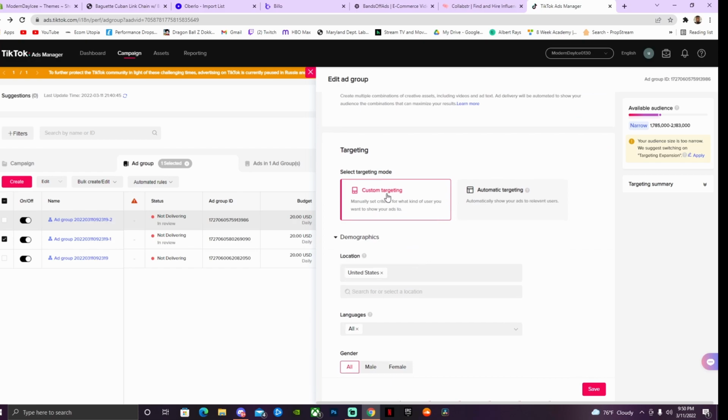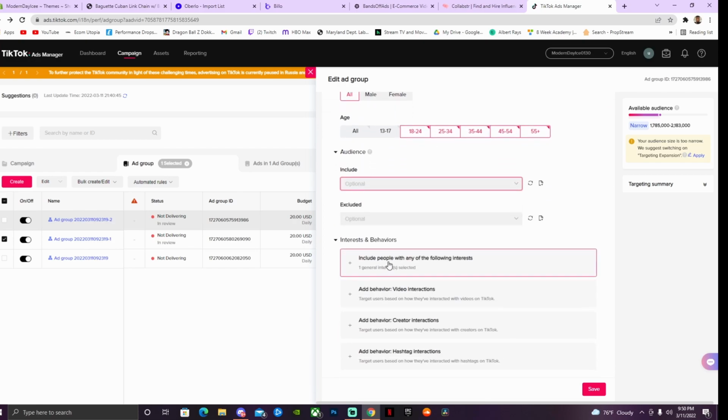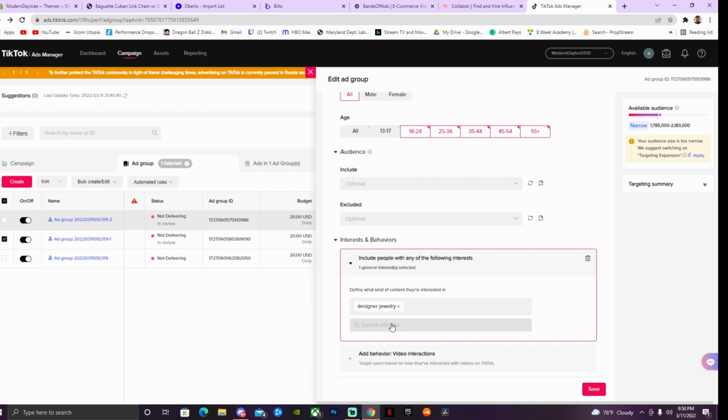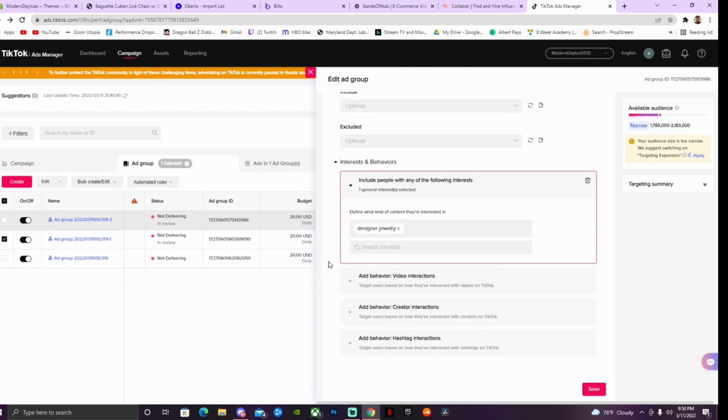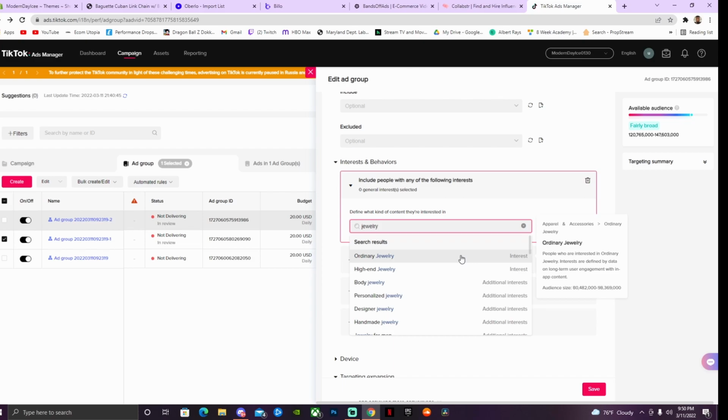Let me see, for the custom targeting, for instance, if I was looking to target a different interest, I would delete this, and then I would say jewelry.